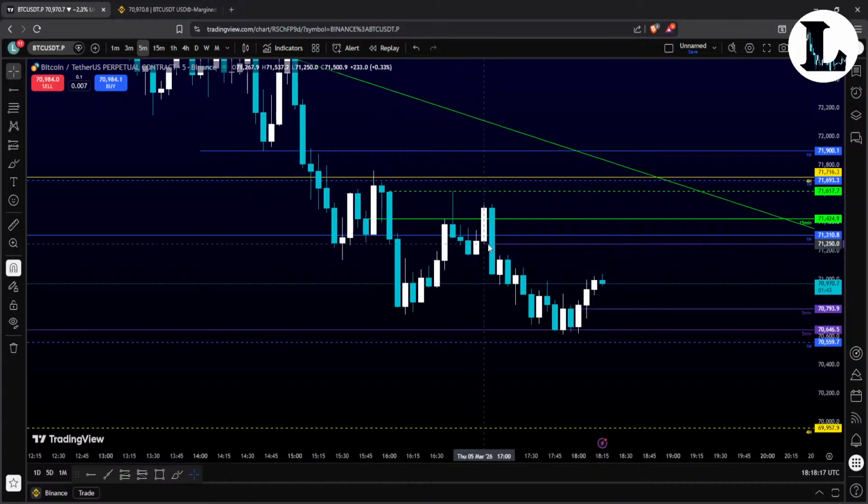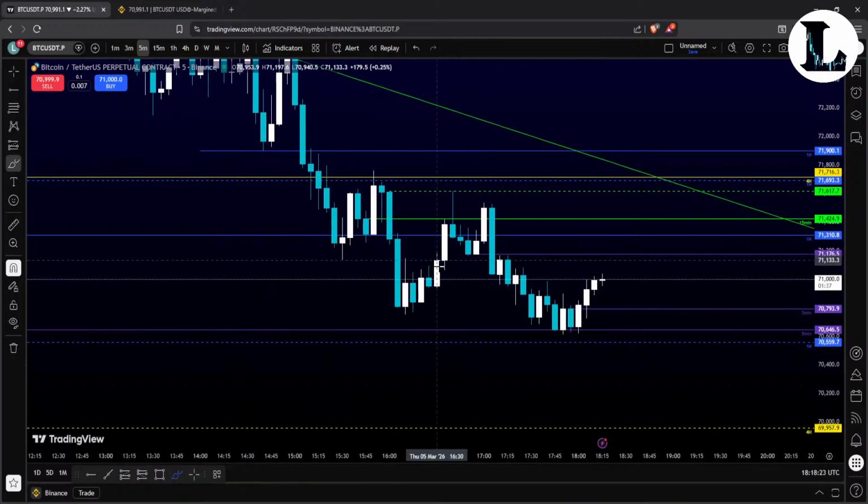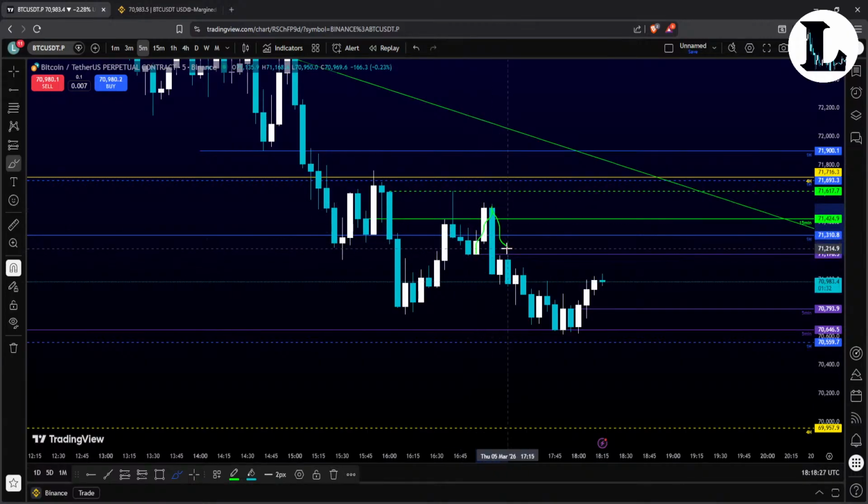It could go to the wick or to the body of the second white candle. So we kind of create a little peak here, that is kind of the back side here, and the highest the price could go on the body.